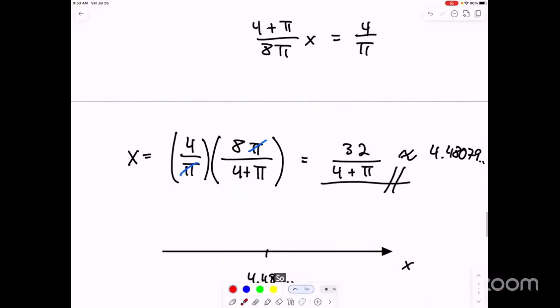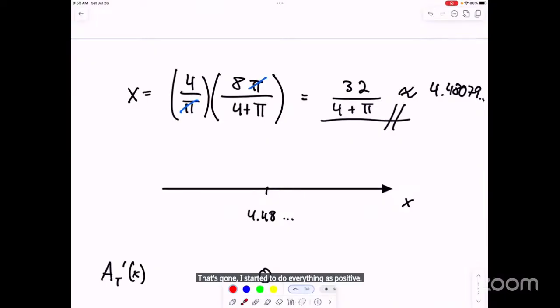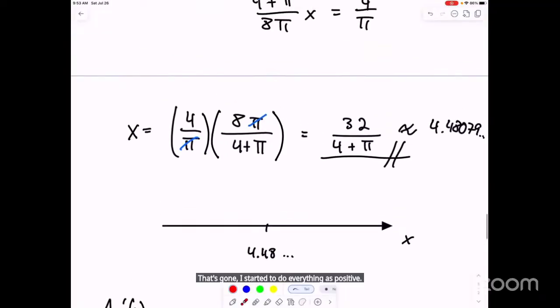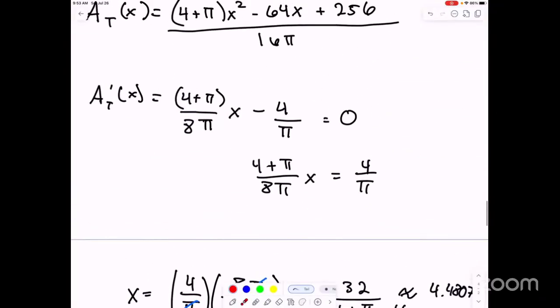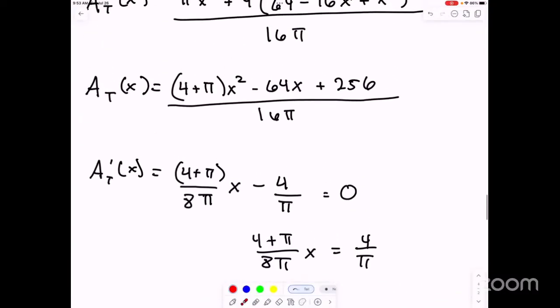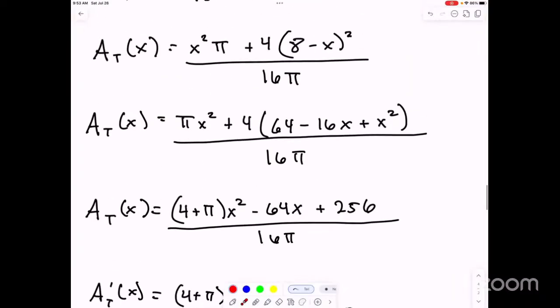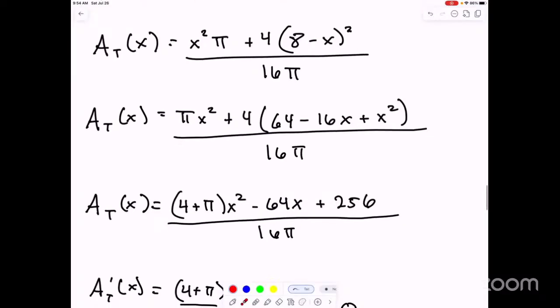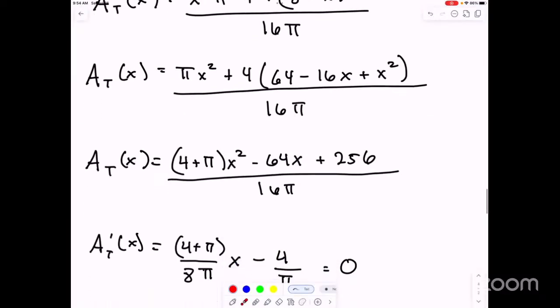So then x equals 4 over pi, 8 pi, 4 plus pi. That's gone, that's 32, everything is positive. I think that's fine. 64. What about that guy?